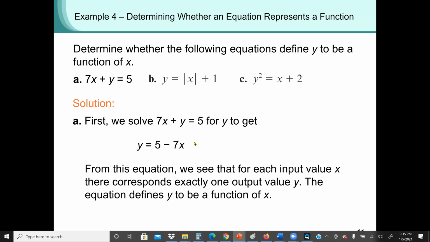This is a function because any value of x we choose, we always get only one output for y. So from this equation, we see that for each input value x, there corresponds exactly one output value of y. The equation defines y to be a function of x: y equal to 5 minus 7x.